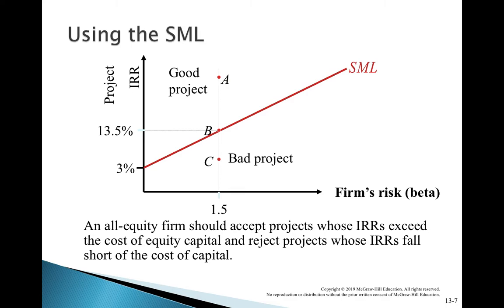Those below the security market line will be the bad projects, and those above the security market line will be the good projects. Here we have three projects, and project A is above the security market line, far ahead, above the SML, so it is a good project. Project B is on the SML, so indifferent, and project C is below the SML, so it is a bad project.